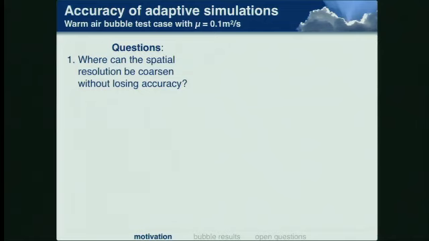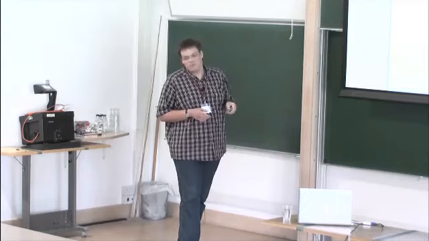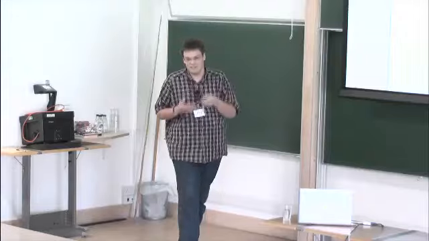The second question is, in practice, we don't have to produce the same results with adaptive simulations. In practice, it is useful to ask, where can the spatial resolution be coarsened without losing accuracy significantly?